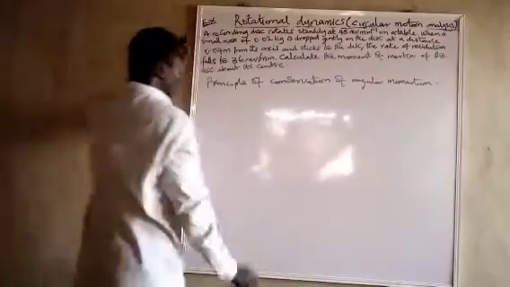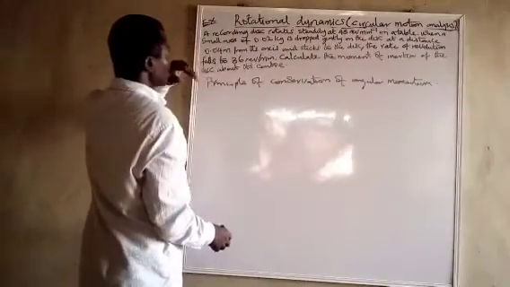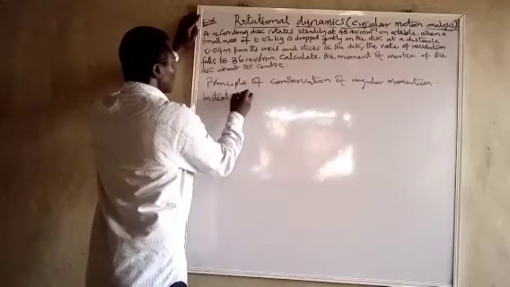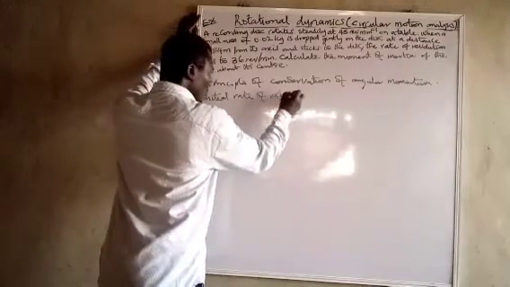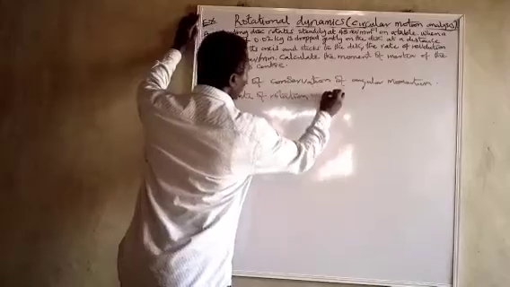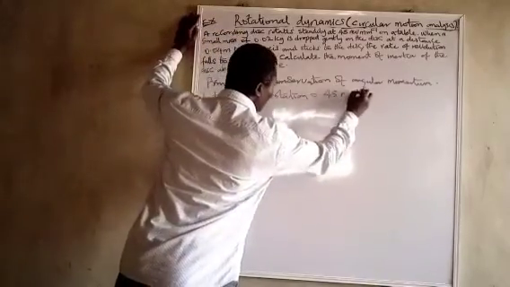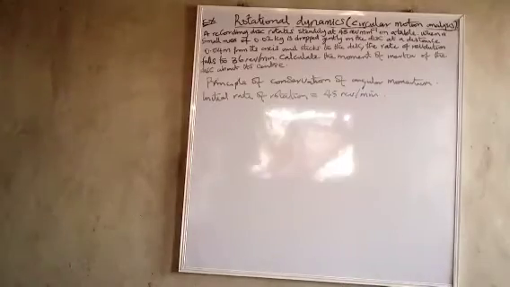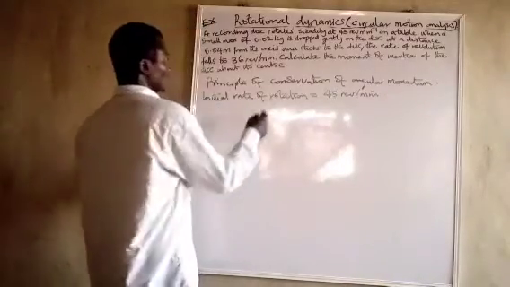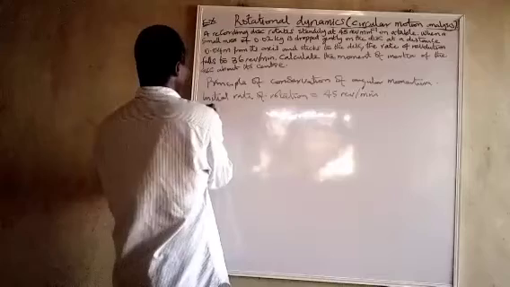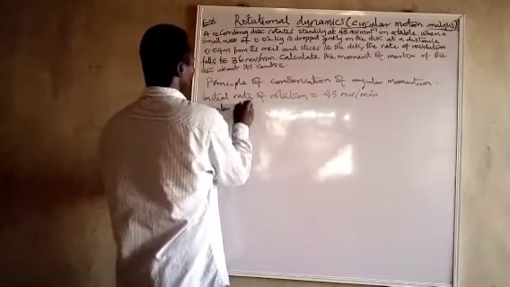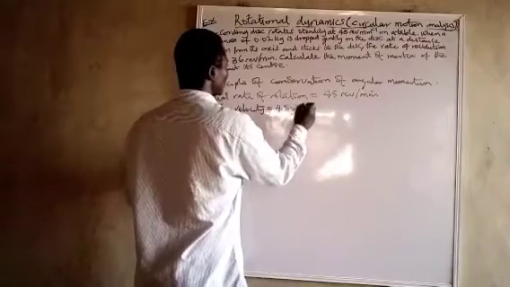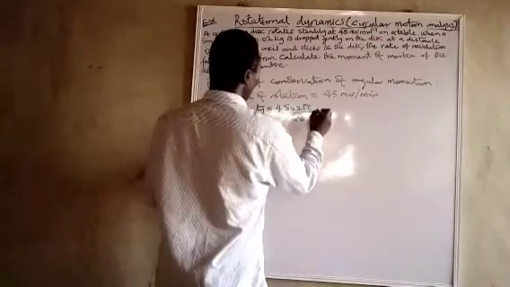Let's extract our data. Our initial rate of rotation is equal to 45 revolutions per minute. And we can convert this, so that angular velocity will be equal to 45 times 2 pi over 60 rad per second.